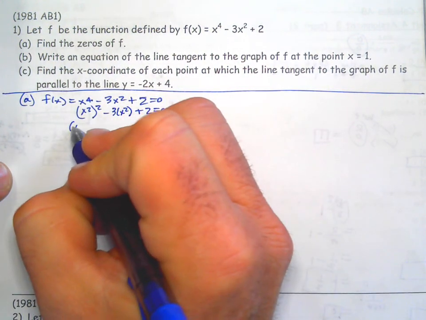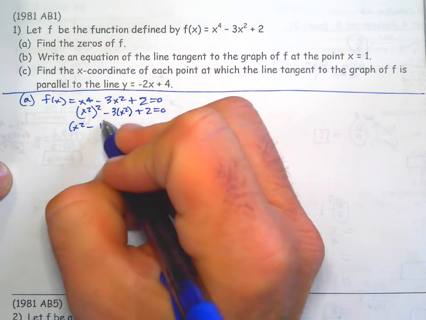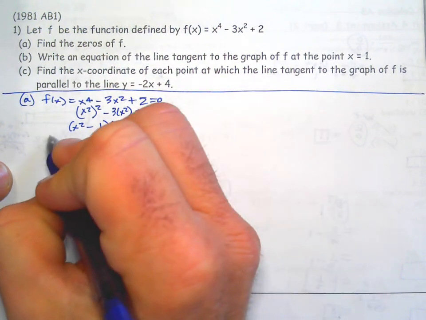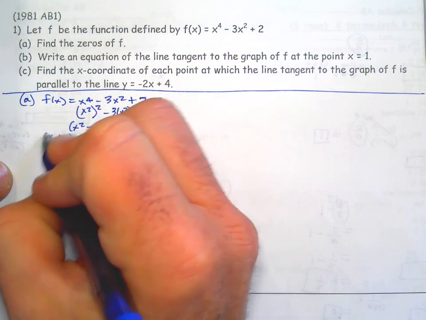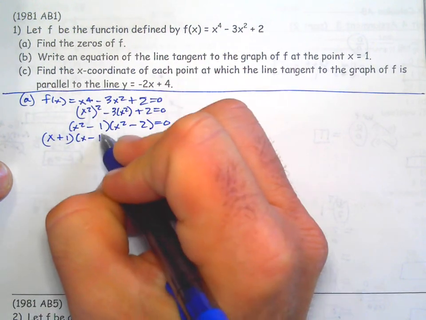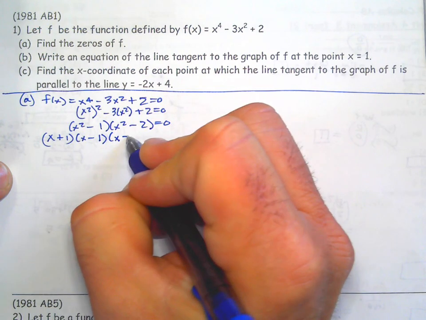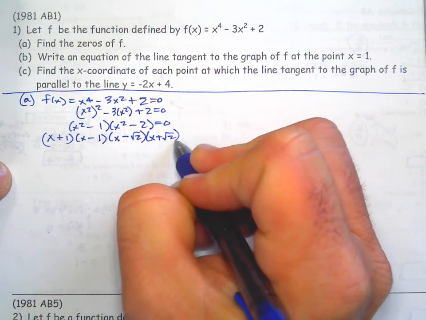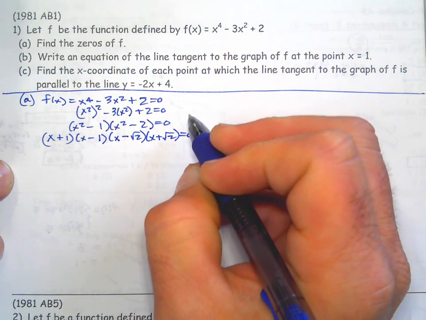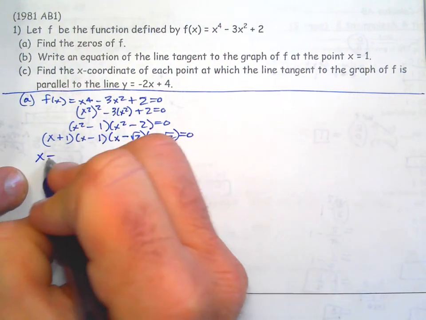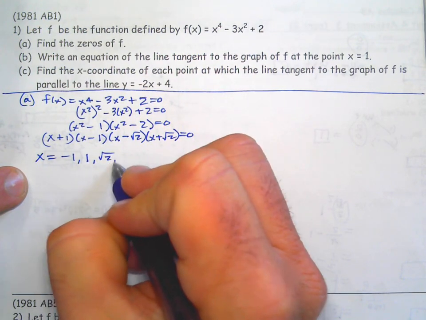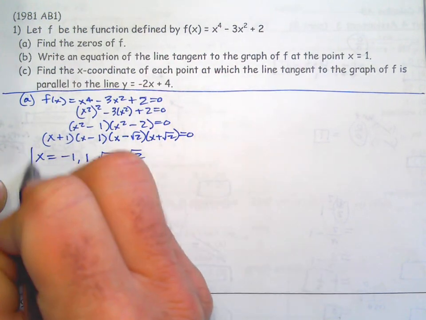So then it would be x squared minus 1, x squared minus 2. That works. And then we could factor these even further, difference of squares. So you could do the rational root theorem. It'd be a bit of extra work. I mean, this is for sure way quicker. So the zeros are -1, 1, root 2, negative root 2.